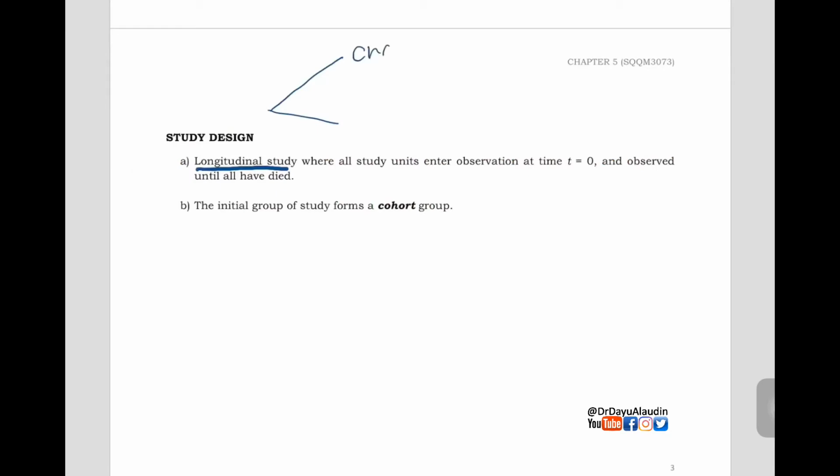Still remember in chapter 1 we covered the cross-sectional study and the longitudinal study. We will have observation throughout, and the observation period is smaller than in a cross-sectional study.